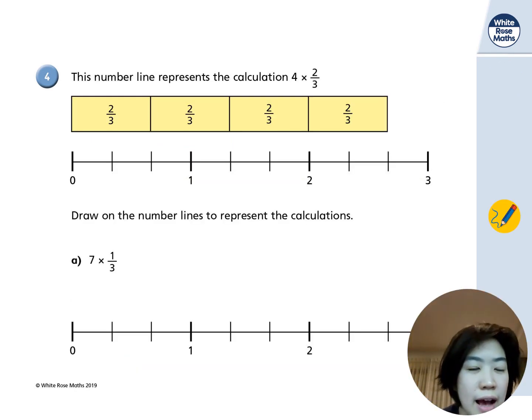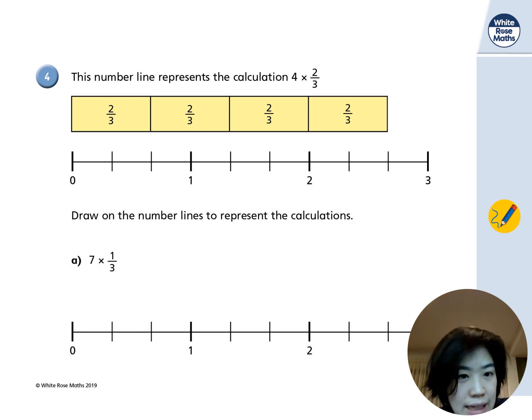After we have talked about some of the exercises and you have answered well, let's move on to this picture. This number line represents the calculation 4 times 2/3. We have the number in the blocks that means 2/3, and we have the number line in each of the blocks from 0 to 1.